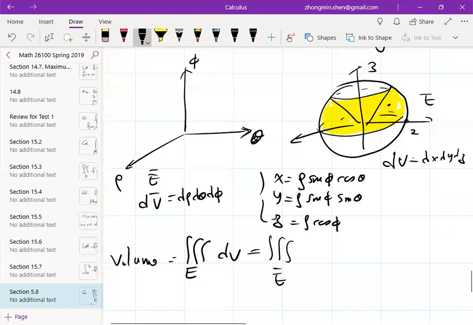I take an arbitrary point inside this solid, and I draw the line from the origin to the point. And then I look at phi. I think phi is between pi over 4 and pi over 2. Why? I think pi over 2 is easier to see because it starts from the xy plane. Why is it going to be pi over 4?